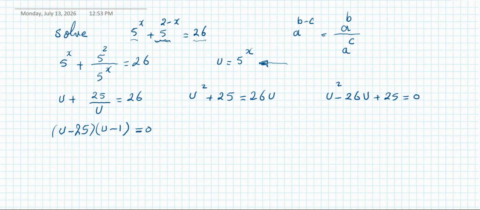When you multiply them, it is 25, and when you add them it is minus 26. And those two numbers are minus 25 and minus 1. So from this equation, we find that u is equal to 25, or u is equal to 1.